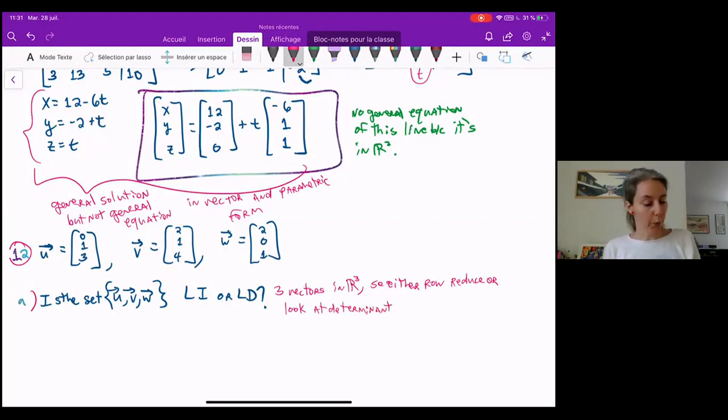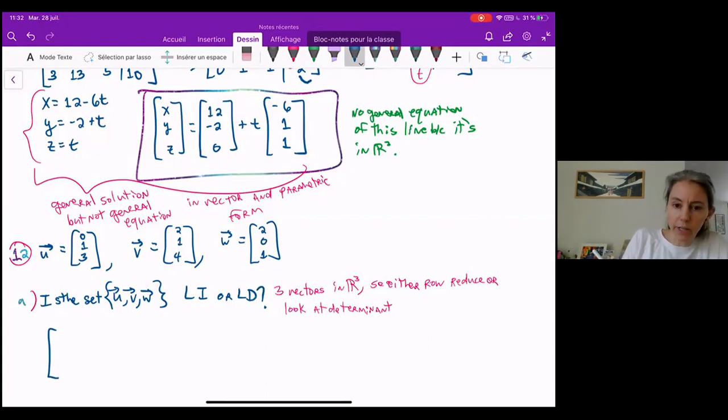Okay, so I'm going to stick these in a matrix, and it doesn't matter what order I put them in. Exactly, it does not matter what order I put them in a matrix. So what order do you guys want to put them in? What order looks like a good order to you guys? So I think VUW is also kind of a good order, or I could do WVU.